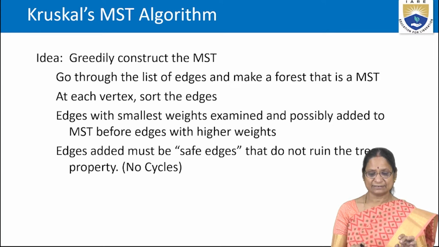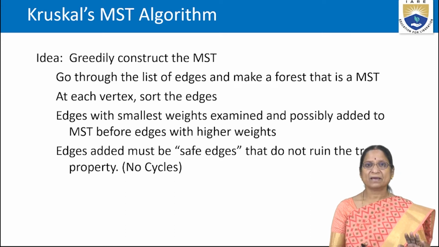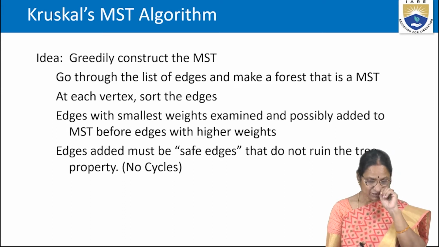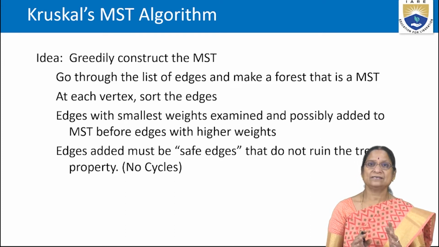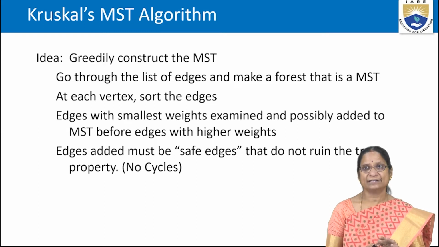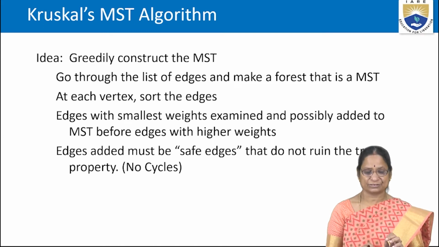At each vertex, sort the edges. Edges are sorted, and whichever is the least cost edge, that is included in our spanning tree. Included in our spanning tree means the respective trees are going to be unioned, or in other words merged.